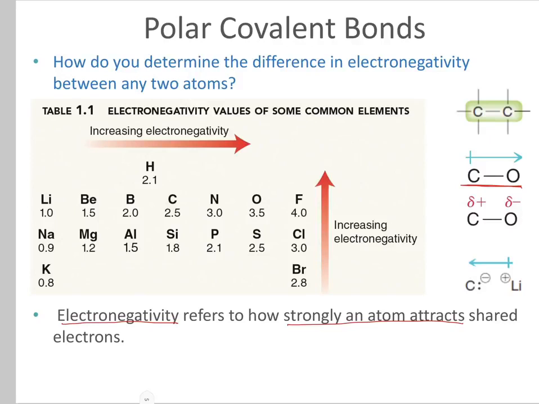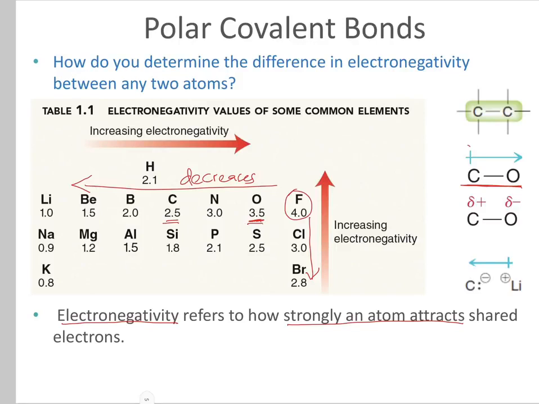So the most electronegative atom is fluorine, which is at the top right-hand corner of the periodic table. As you move away from fluorine, the electronegativity decreases, which means that between oxygen and carbon, oxygen is more electronegative.